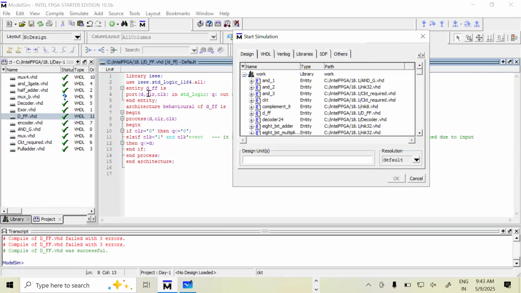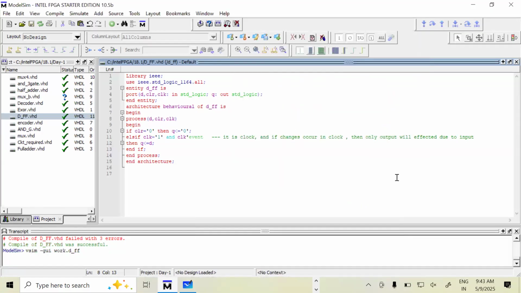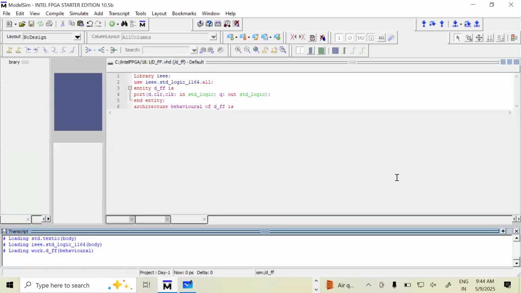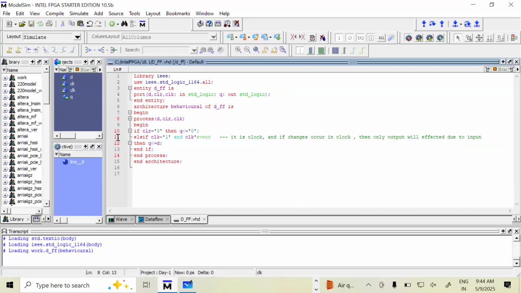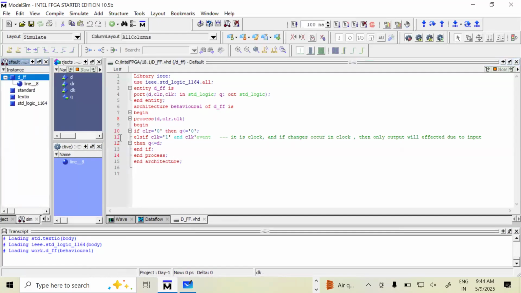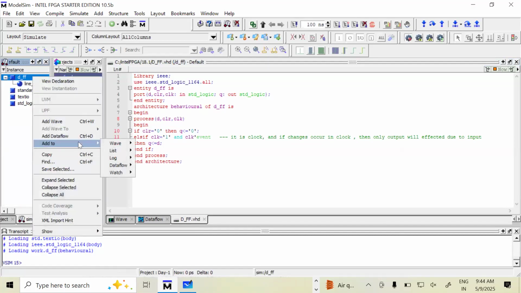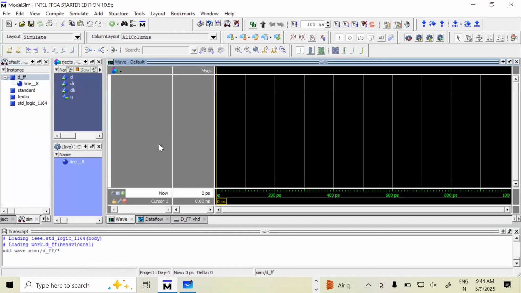Clicking on this flip-flop, add all items in the region.